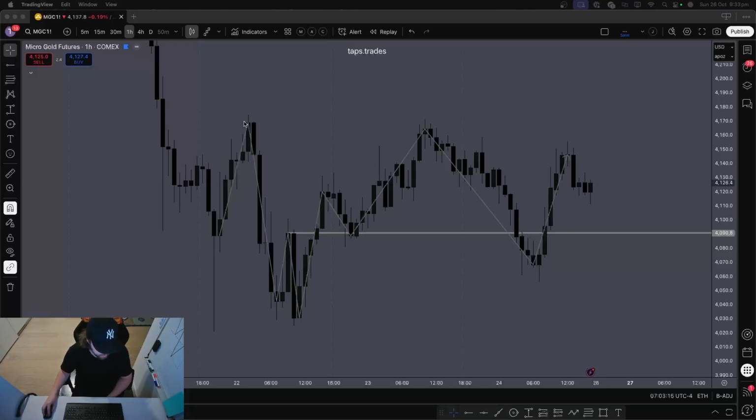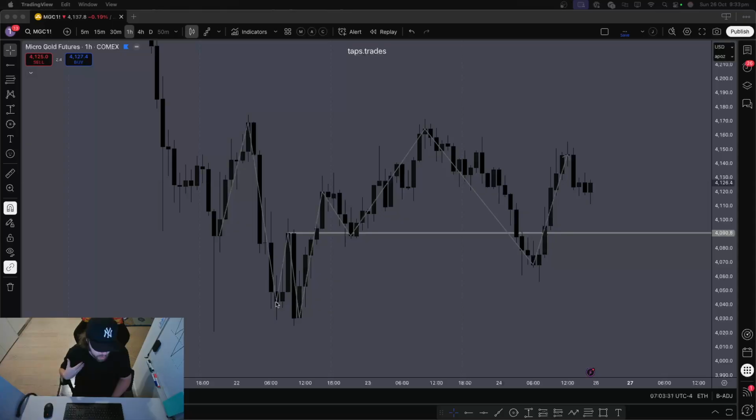You can see that I've already pre-marked these levels, and it's based on the swing points. One thing else you'll notice is that I'm not drawing to the extreme of the wicks, I'm actually drawing to the bodies.